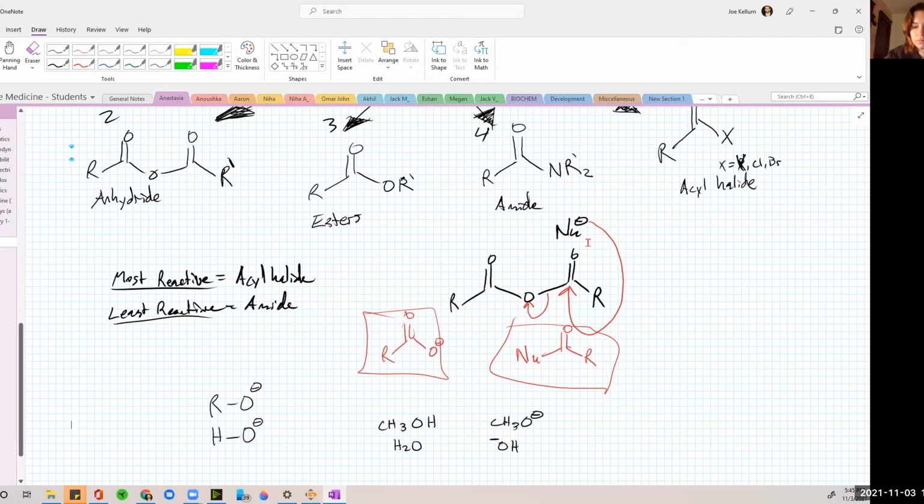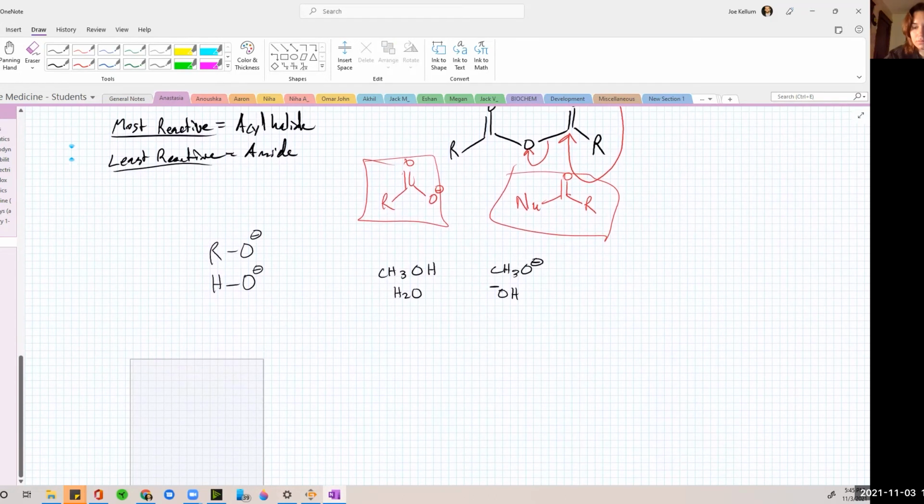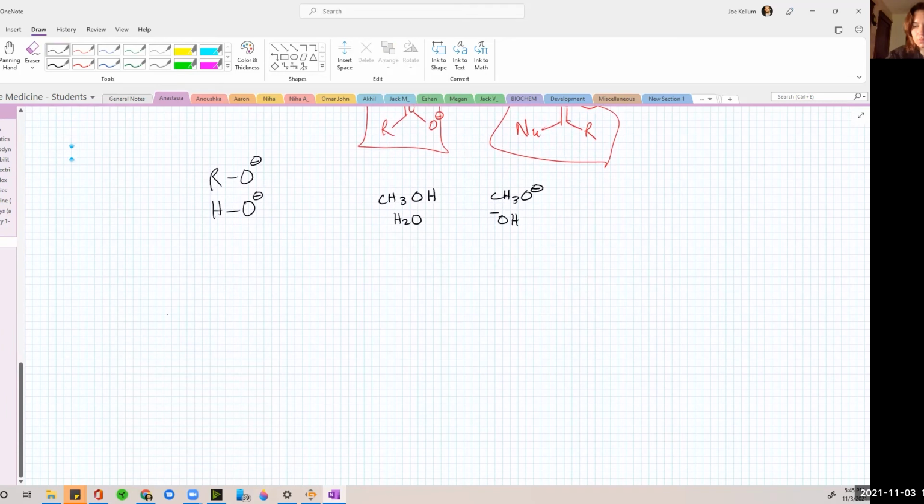So briefly, we already talked about why the acetyl halide is the most reactive and the anhydride is usually going to be second most. I want to talk for a second about why the amide is the least reactive though. One big reason right off the bat is this: whenever this is an N, let's just make it NH2 for now, for this to end up leaving in a nucleophilic attack, it's going to have to take these electrons with it.